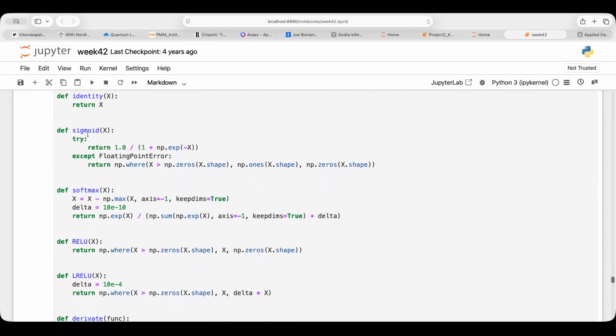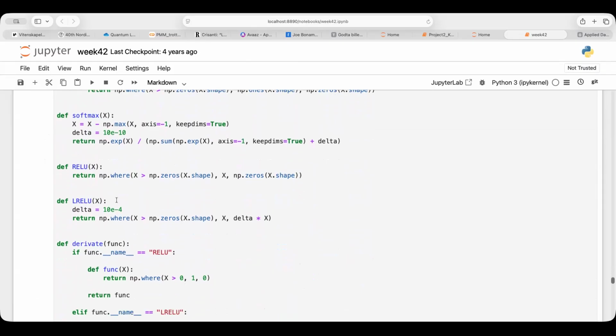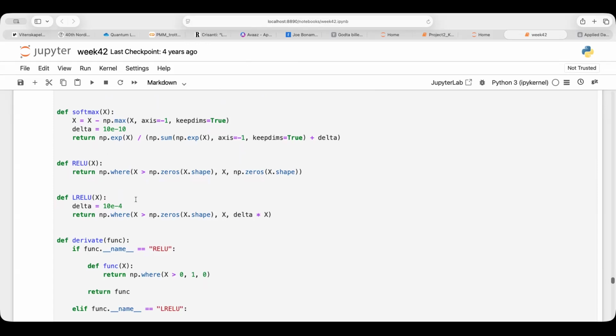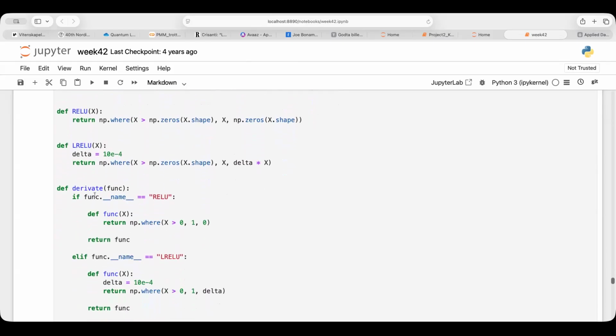Here you will find typical functions like the sigmoid, the softmax, which is used for multi-class problems, and the rectified linear unit, which simply returns x when x is larger than 0. We have this leaky ReLU, and you see now that there is a parameter. These functions are the ones we are going to use in the project as activation functions.